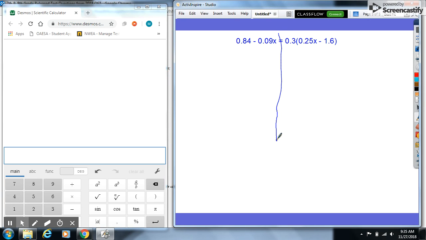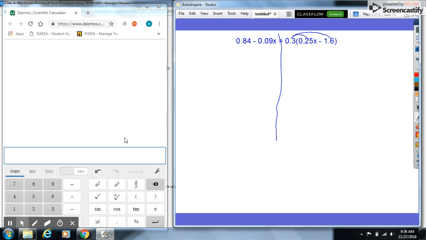Looking at this, over here I have a 0.84 minus 0.09x, nothing I can put together. Over here I got to get rid of these parentheses before I start taking anything away. I have a 0.3 as a coefficient in front of the parentheses. That means I'm going to multiply both of these terms by 0.3.